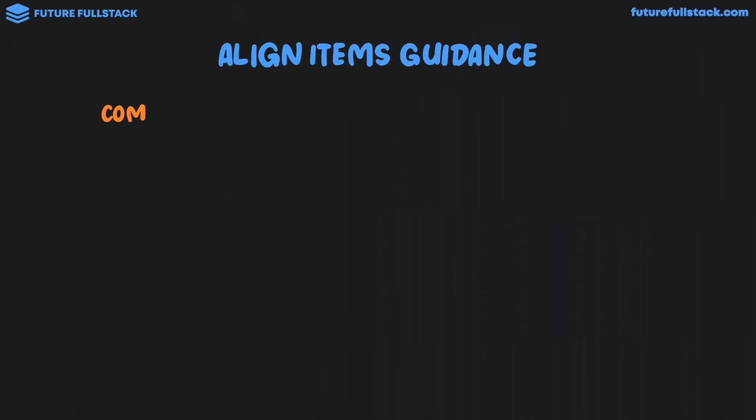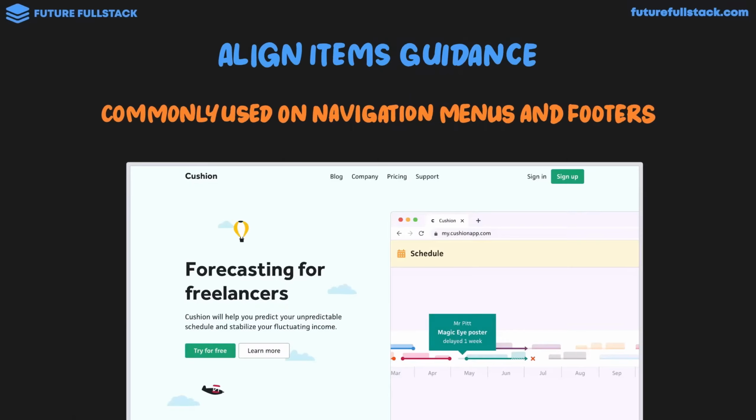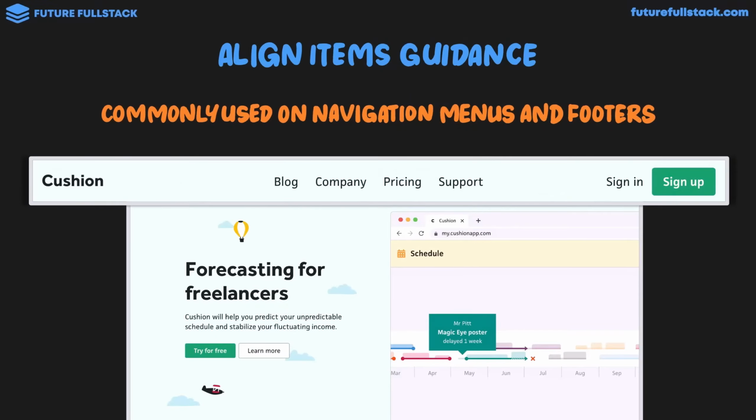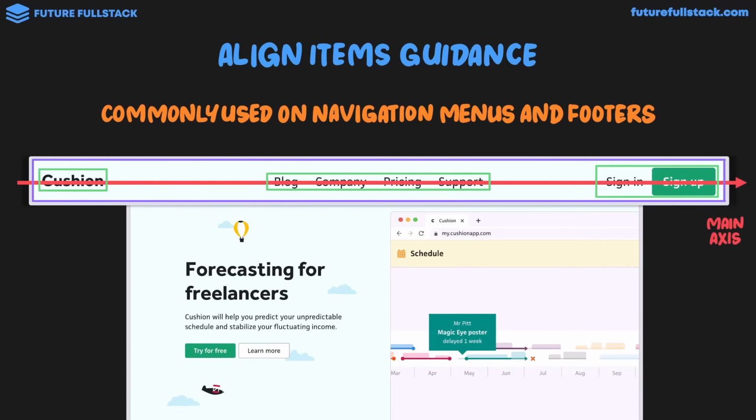Align items is commonly used on navigation menus and footers. Looking at this page over here, I'm going to zoom into the navigation bar. The navigation bar is a flex container. The logo on the left is a flex item. The anchor tags in the center are also flex items, and the anchor tag and button on the right are also flex items. We have our main axis running from left to right, our cross axis running from top to bottom.